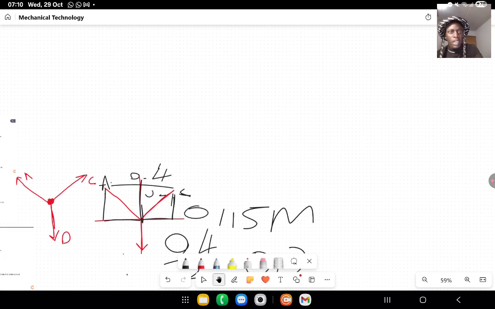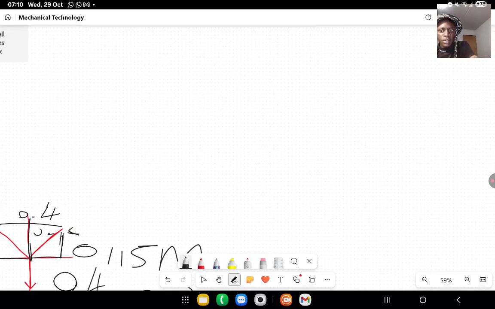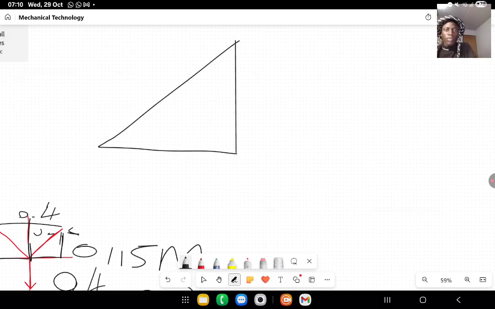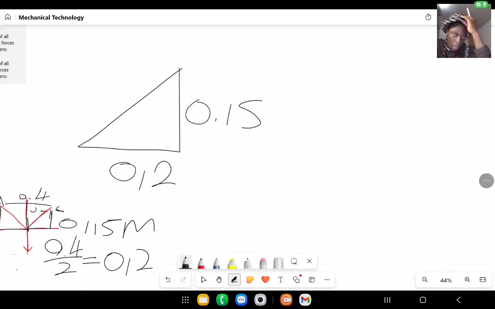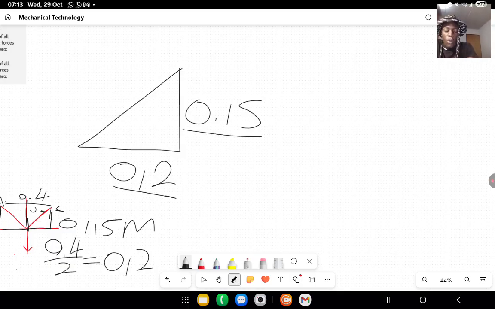Our box is like this. Here is 0.15 and here is 0.2. That means this is 0.2 and this is 0.15.